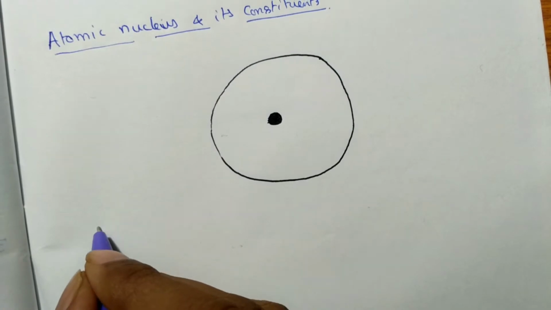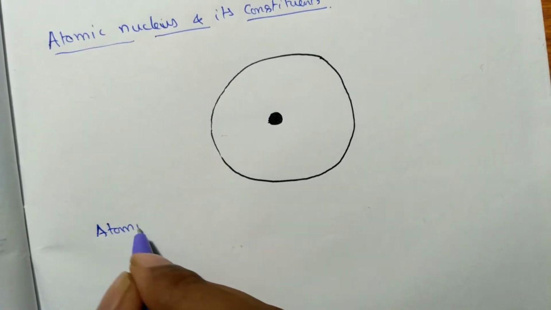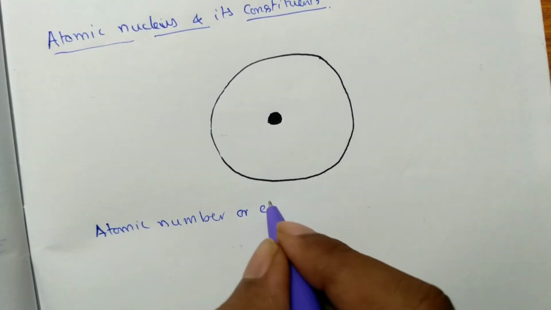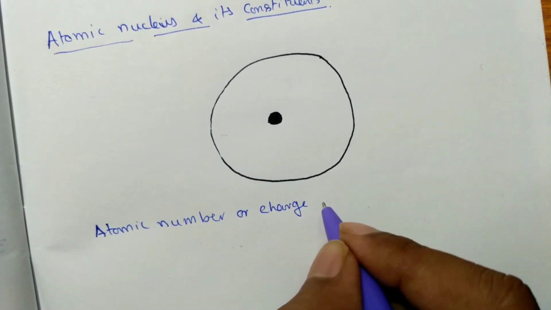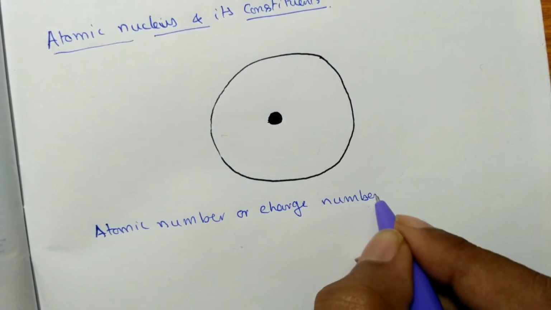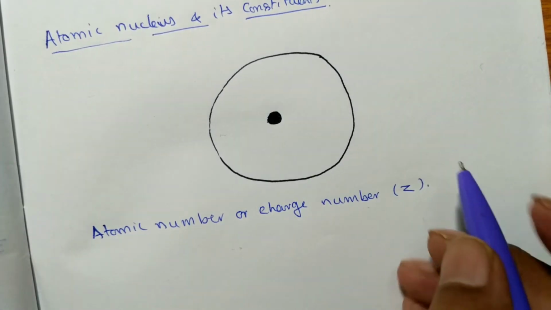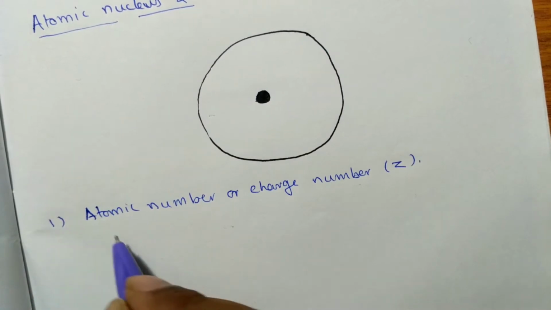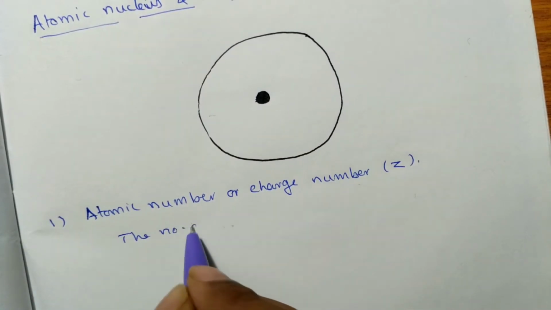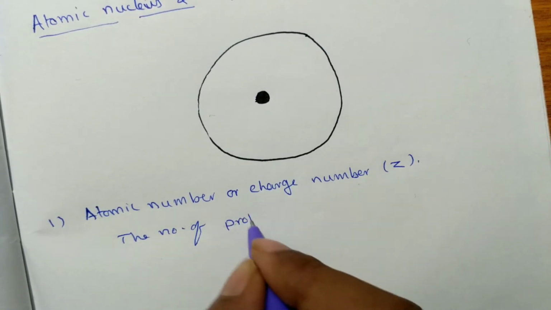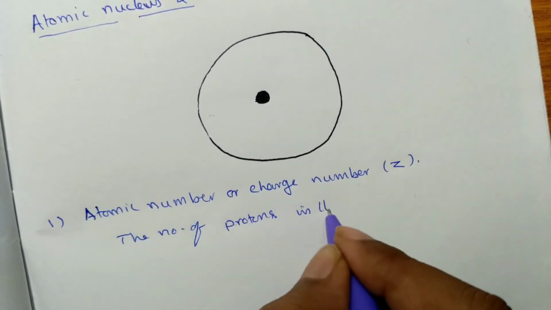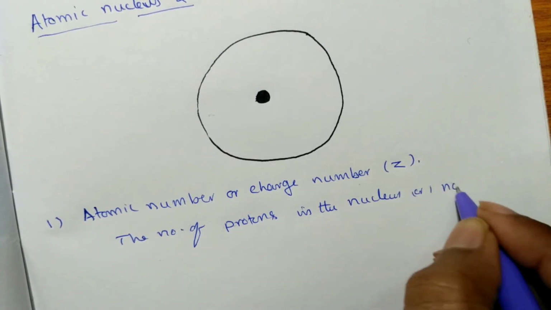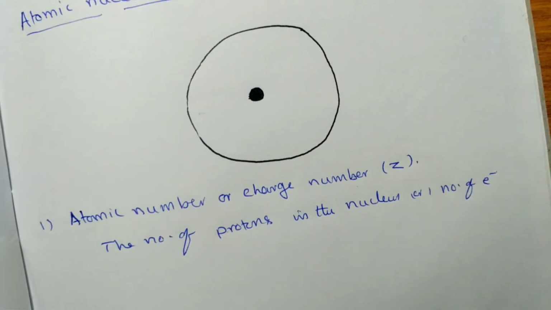First one, atomic number or charge number, is Z. That means atomic number or charge number is the number of protons in the nucleus, or the number of electrons in the atom.